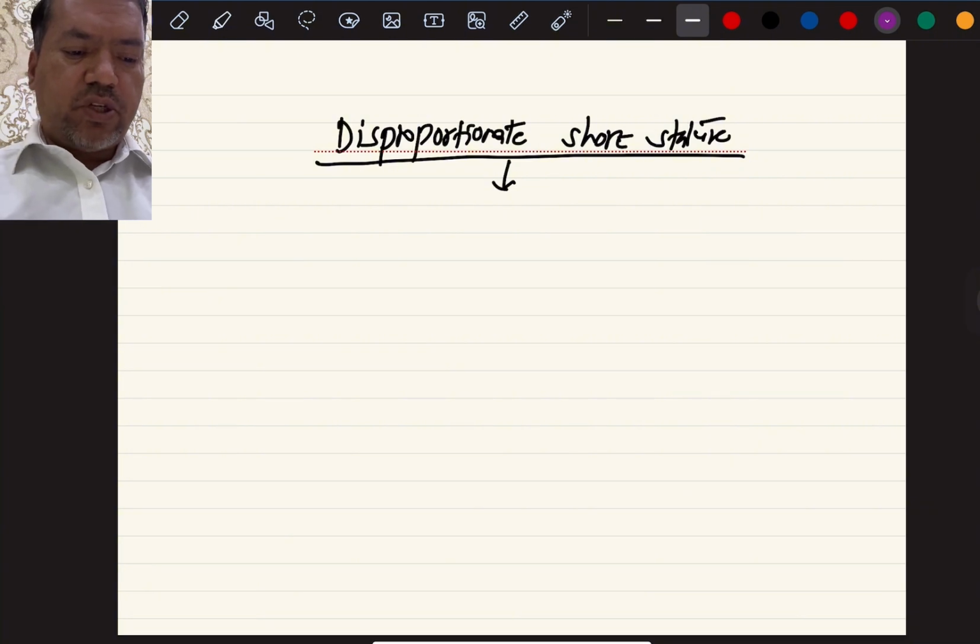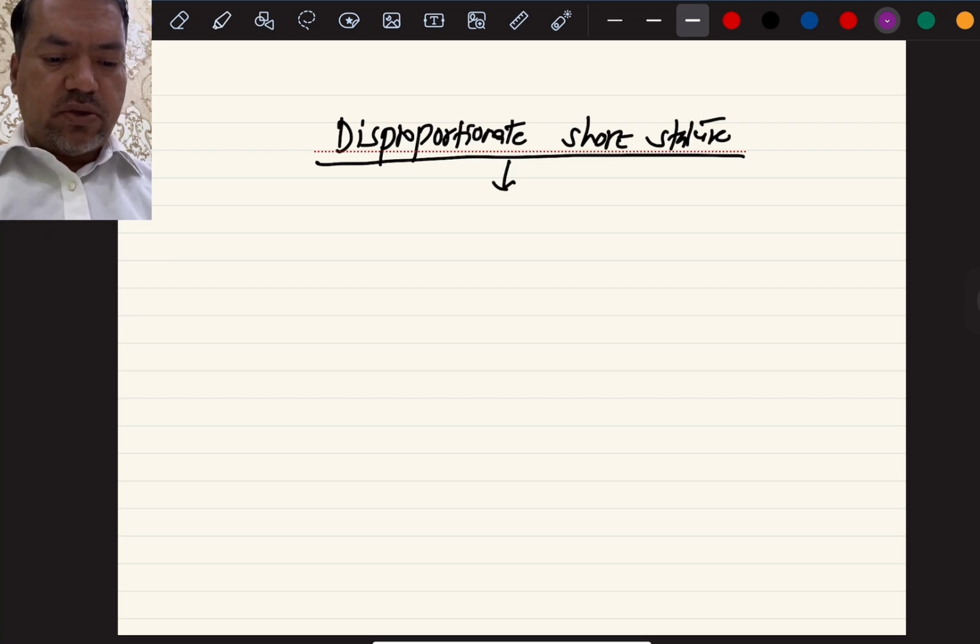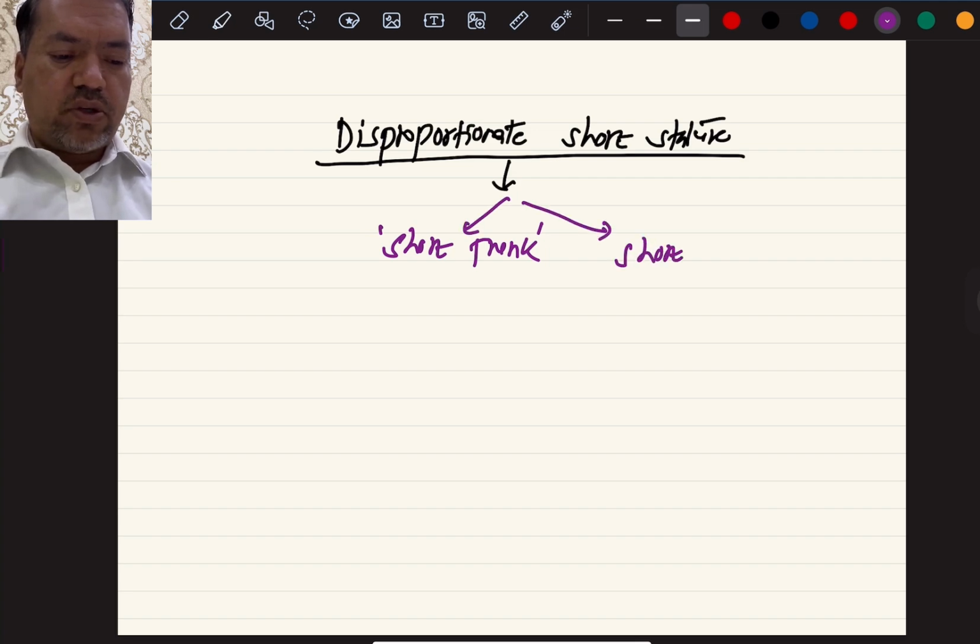So disproportionate short stature means that the normal ratio which I just talked about is altered, and the child looks very short. So one is short trunk disproportionate short stature, and another is short limbs disproportionate short stature.